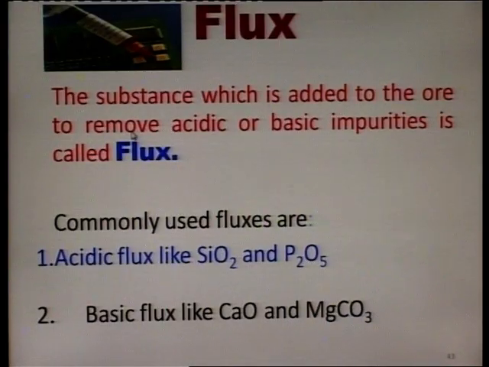The substance which is added to the ore to remove acidic or basic impurity is called flux. These are of two types, acidic flux like SiO2 and P2O5, and basic flux like CaO and magnesium carbonate.